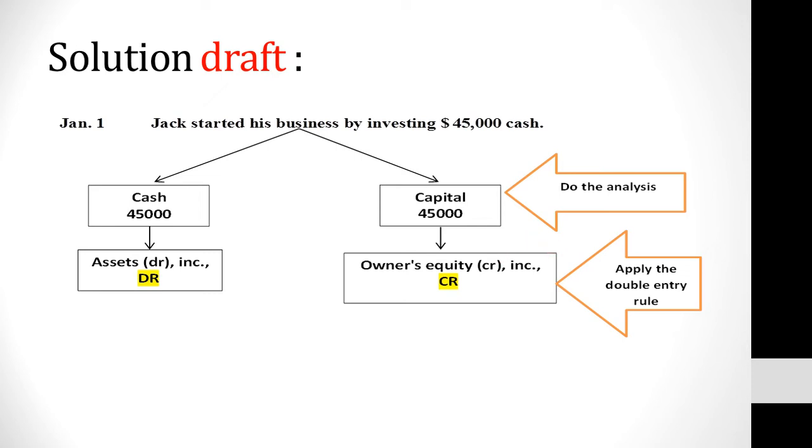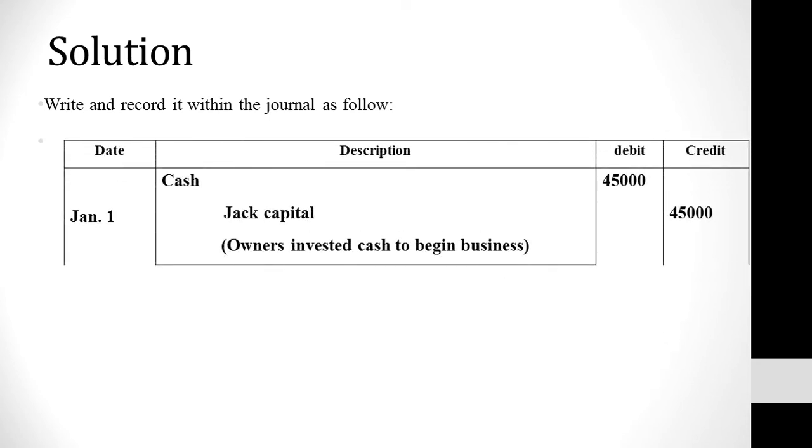So how are we going to write this within the journal? We're going to write this within the journal like so. Date January 1, description or explanation. We start with the debit account. We already know that cash is the debit account.